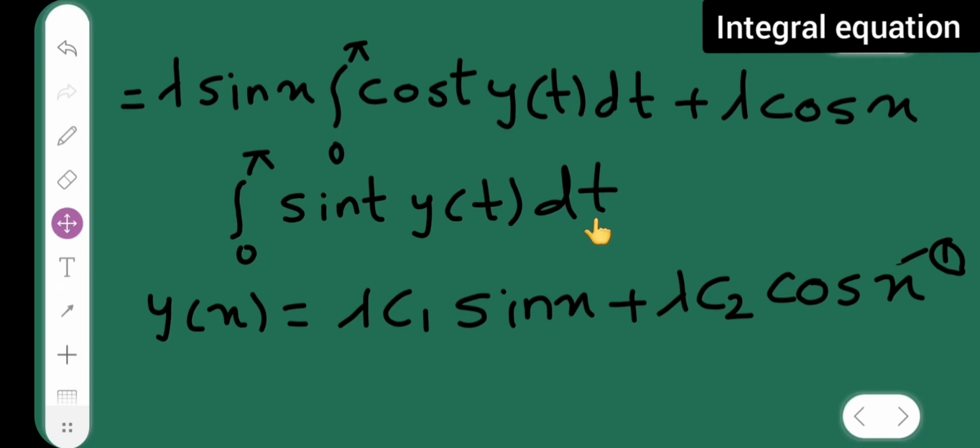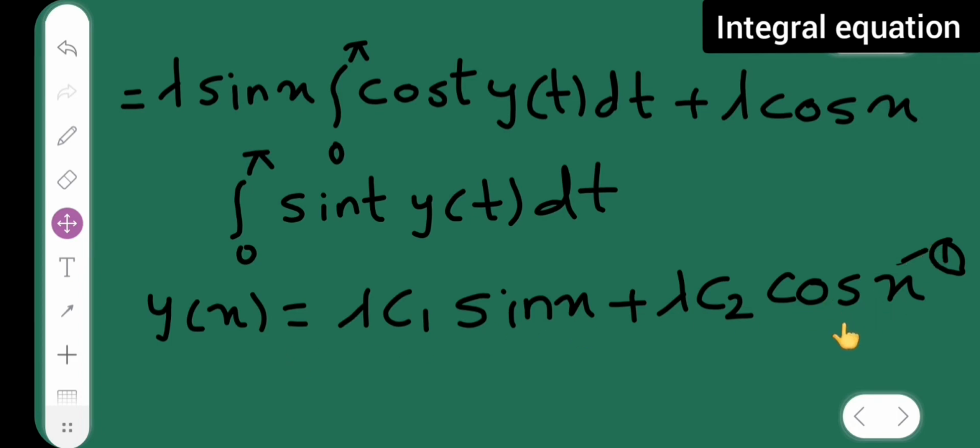Now I have to consider this part as my C1 and this part as my C2. So y of x is equal to lambda C1 into sine of x plus lambda cos of x into C2.